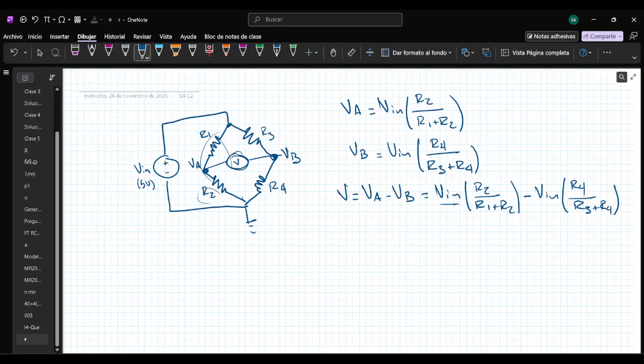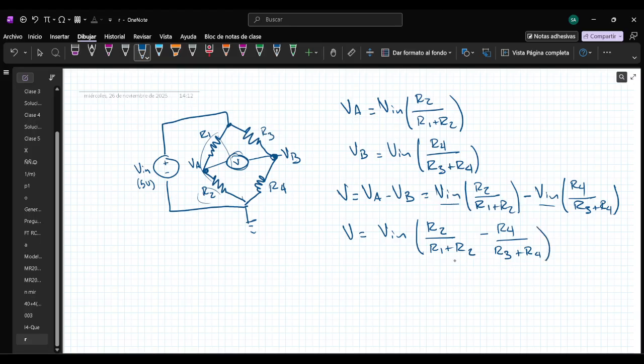So I have this common factor, the input voltage, times R2 over R1 plus R2 minus R4 over R3 plus R4.